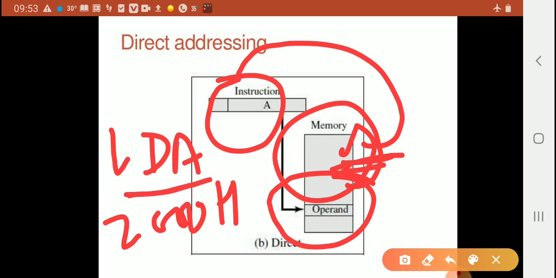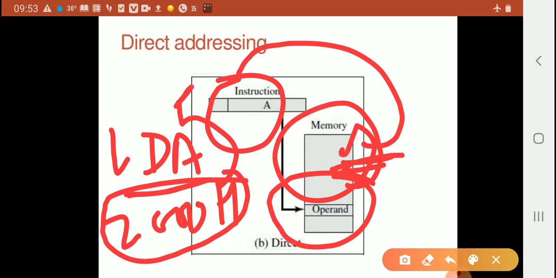That means LDA loads the 8-bit content of memory location 2000H into the accumulator. A means accumulator, LD is load.